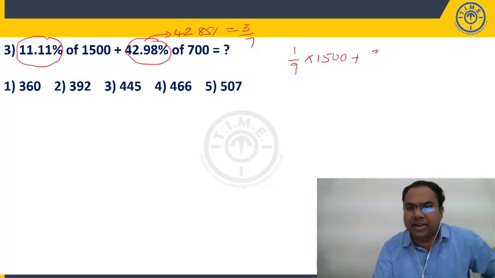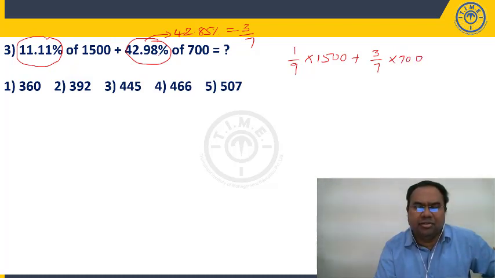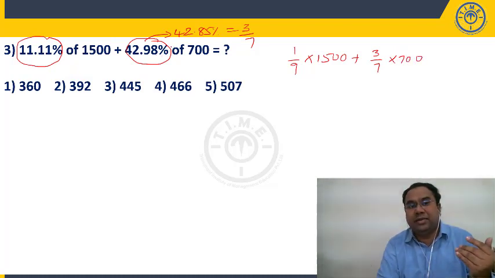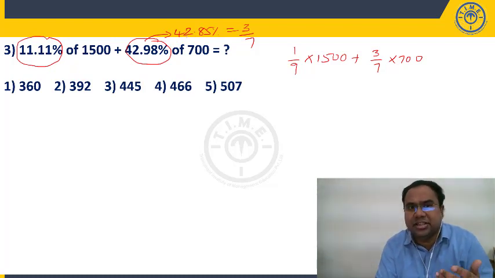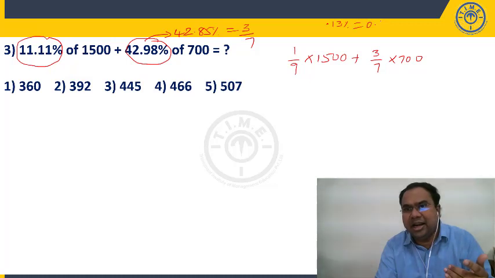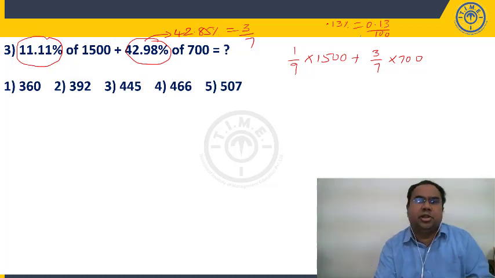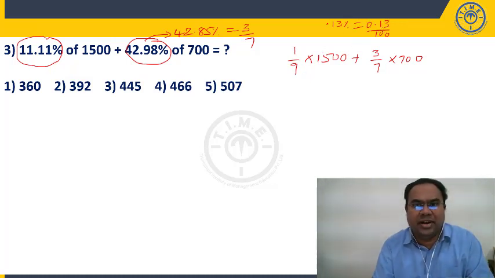So it is 3 upon 7 approximately into 700. I am just ignoring 0.13 percentage. 0.13 percentage will not make much of a difference. 0.13 percentage means 0.13 by 100, so it will be 0.0013. I am saying it will not make much of a difference, right?